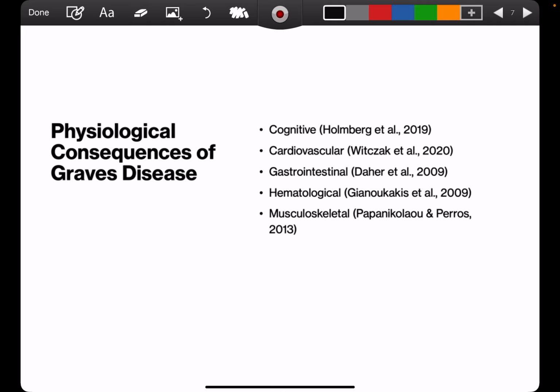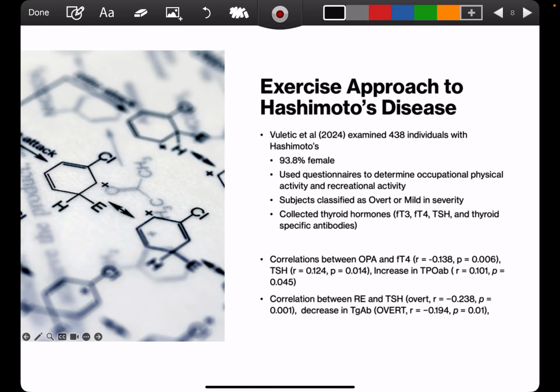However, these red blood cells have a shortened lifespan. So you have these larger red blood cells, but they live shorter, and that leads to anemia. And in the musculoskeletal system, you get muscle weakness again, and myalgia as well. So similar to Hashimoto's, it's not ideal to have Graves' disease or any disease really, but this is a very vast and effective disease in many areas of the body.